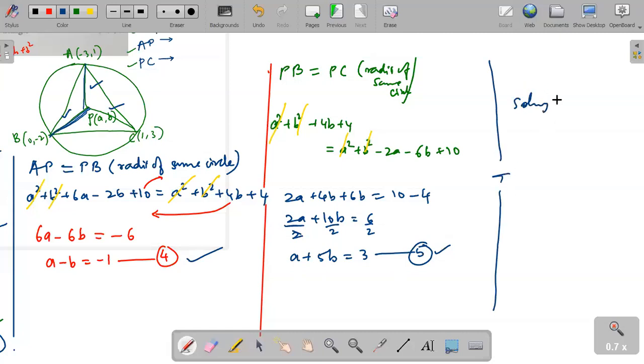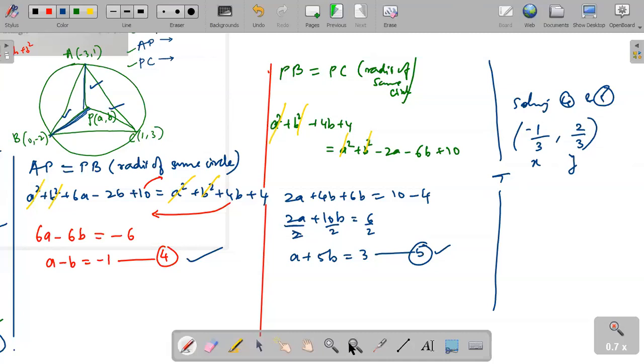Solving equations 4 and 5, you would get the values of a and b to be negative 1 over 3 and 2 over 3.